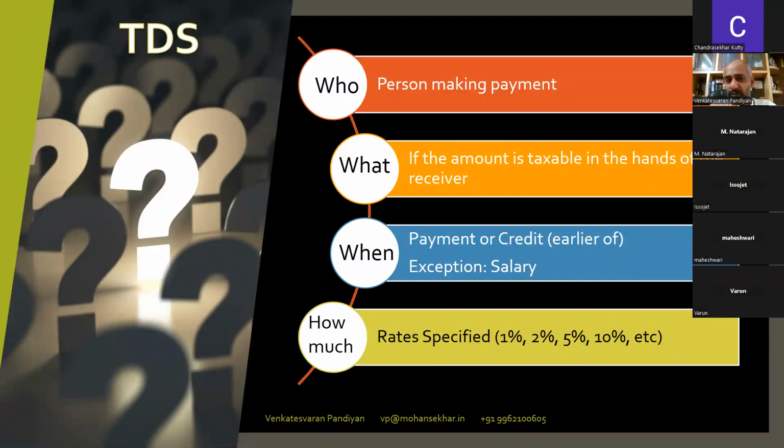The first and foremost is who is making the payment, who is responsible for deducting TDS. A person making payment will be the one responsible for deducting tax. So I avail a set of services, I purchase a good, and I make a payment.